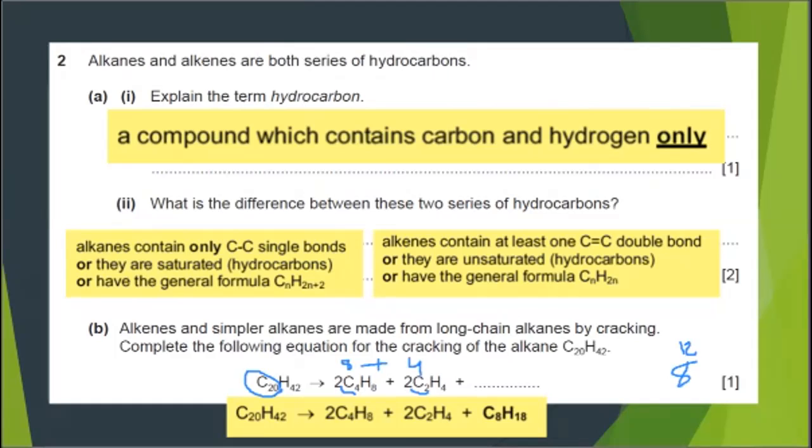So therefore, whatever carbon I'm putting here should be C8H. 8 2s are 16 plus 2, H18. So I have 1 alkane, 2 alkenes being formed when this undergoes catalytic cracking.